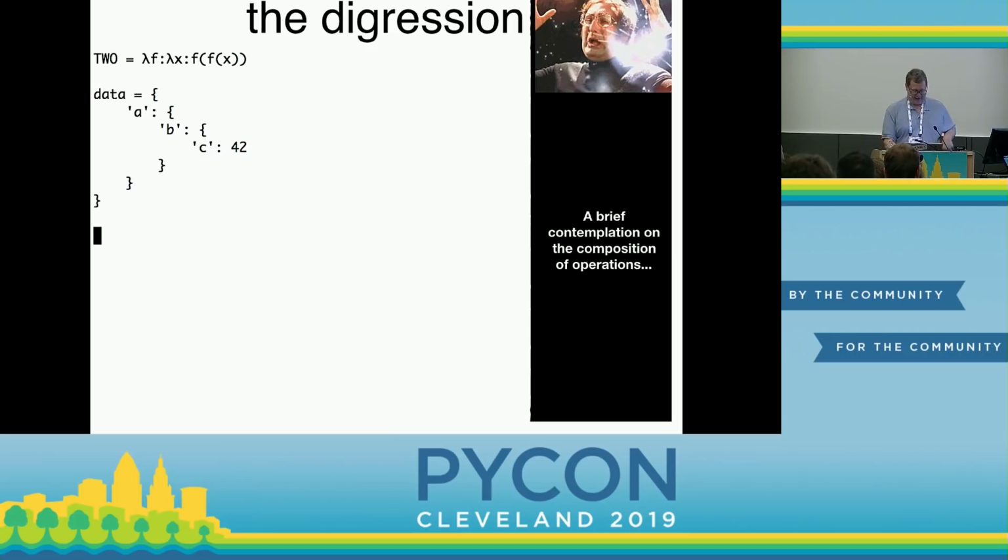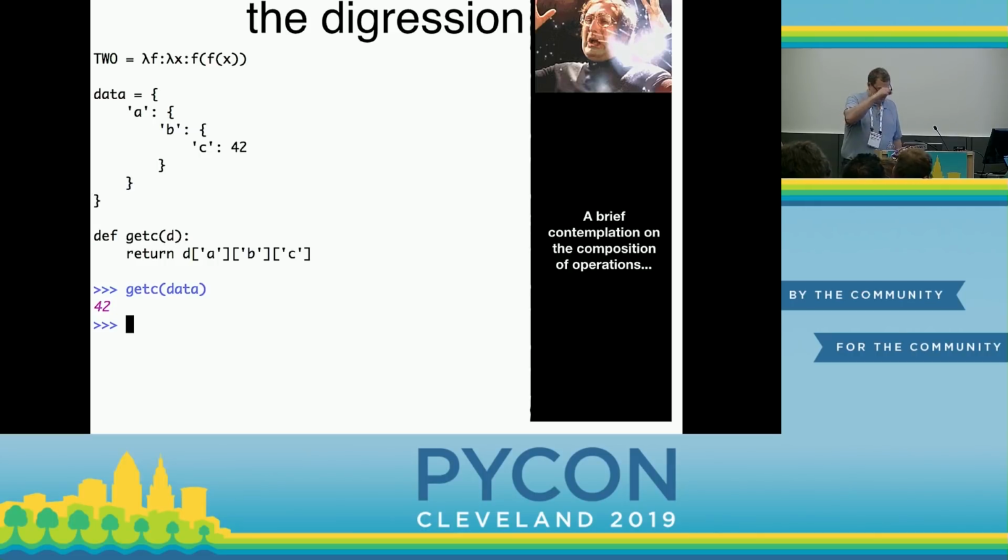What if you had a function like get C, where you gave me a dictionary, and then you were trying to navigate down into that, like get C of data? Essentially it's navigating down into nested dictionaries.